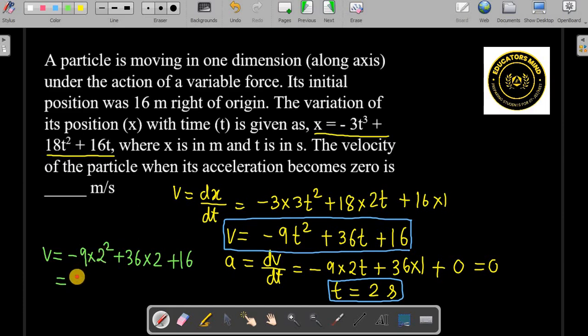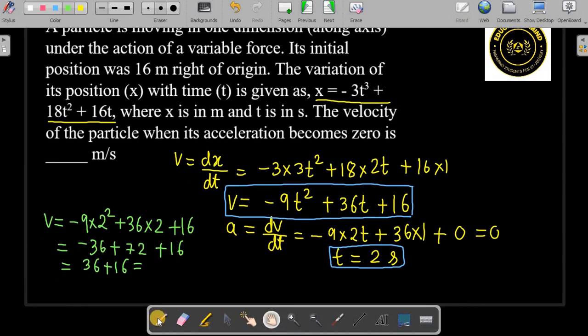This is minus 36 plus 72 plus 16, isn't it? So from here, 36 plus 16, finally we get 52. We can see that the final answer is 52 meter per second.